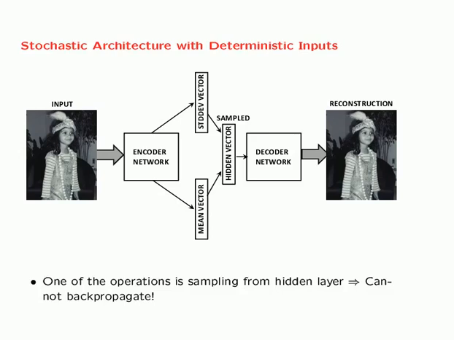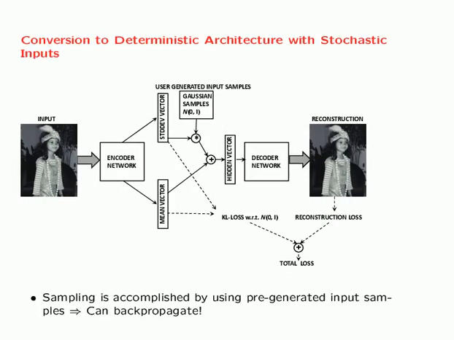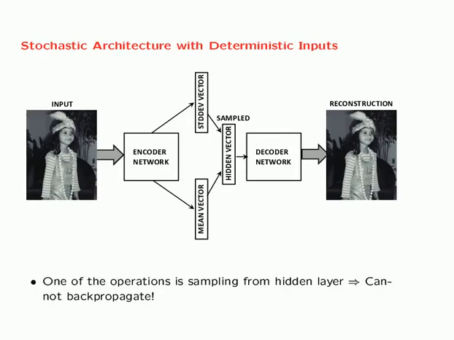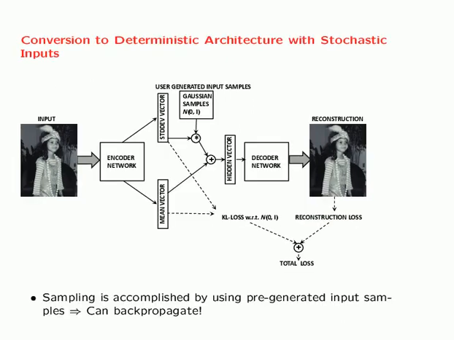The key really here is that you reparameterize. How do you reparameterize? Instead of sampling from this mean and standard deviation, you generate some input samples. So you take Gaussian samples from N(0, I), from the unit normal distribution.